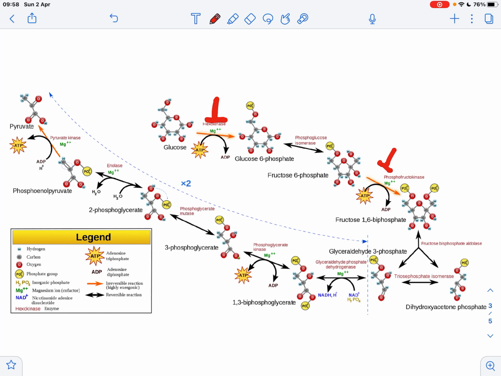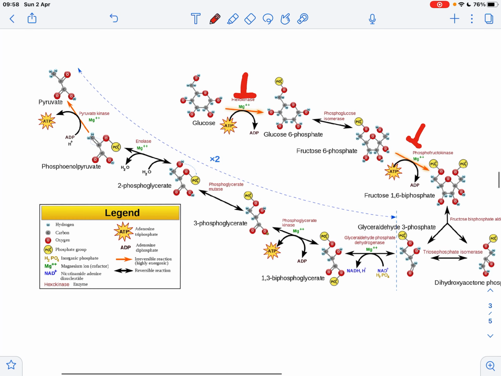That is a block here, where it only goes in one direction. So here we've got these one-way signs. And the last one is actually the conversion of phosphoenolpyruvate.